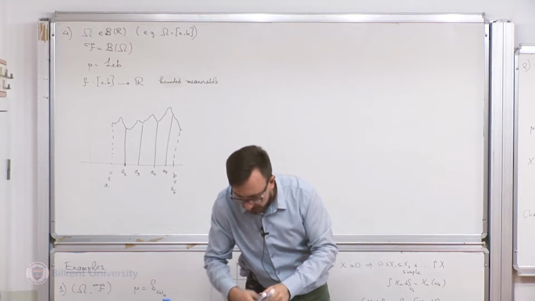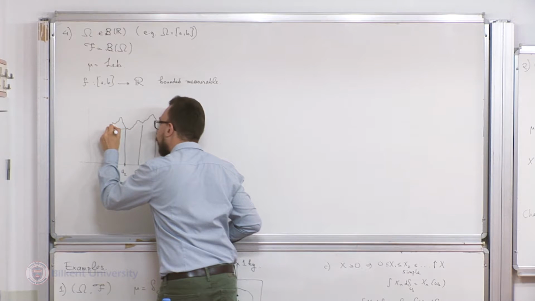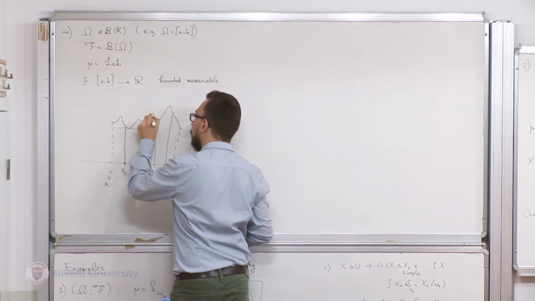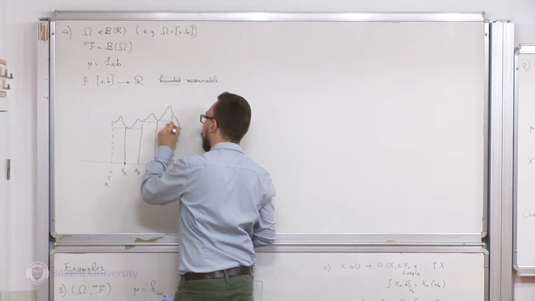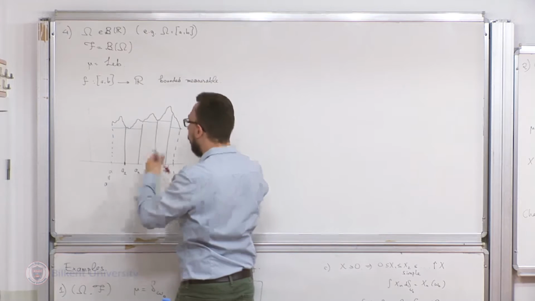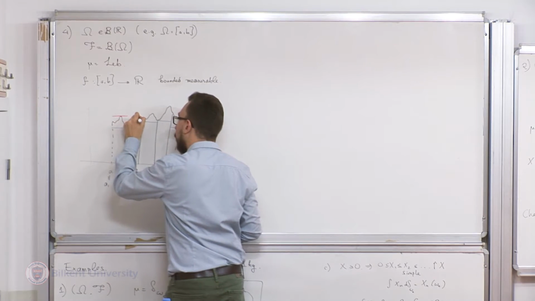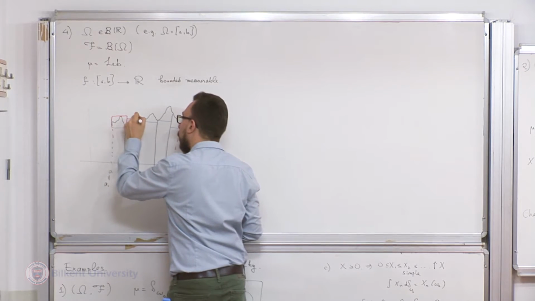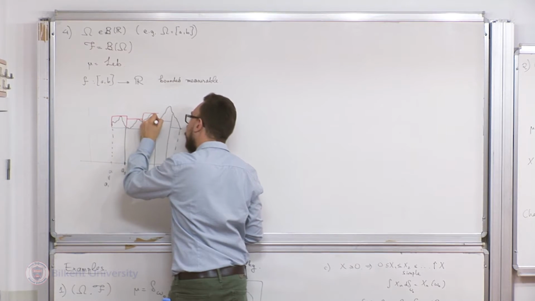What you do is to look at the minimum value of the function in each of those intervals. So the maximum value of the function on each of those intervals in your partition.